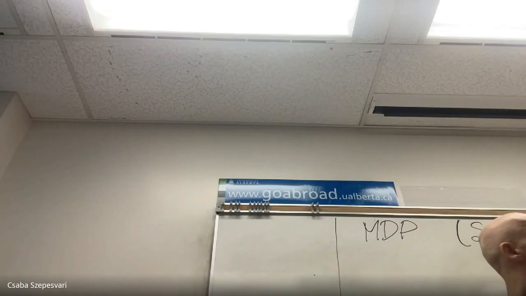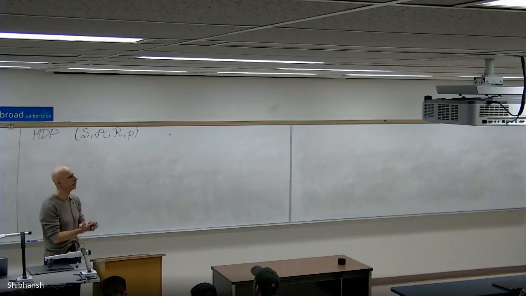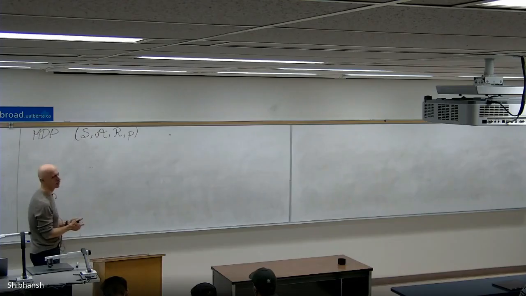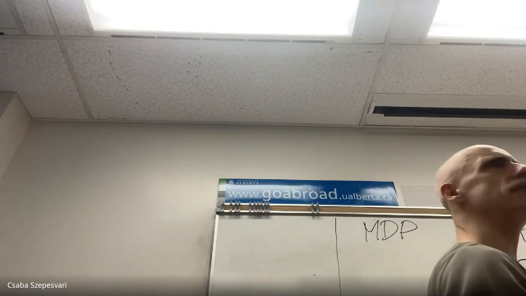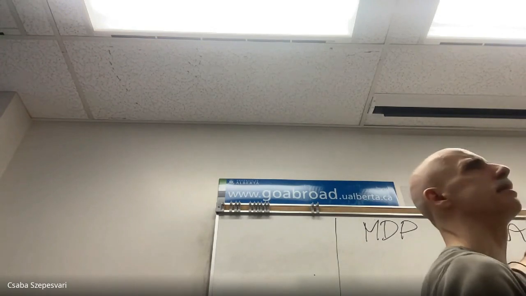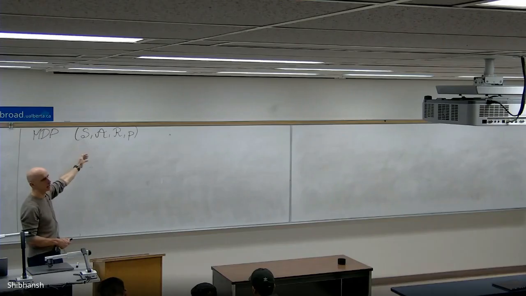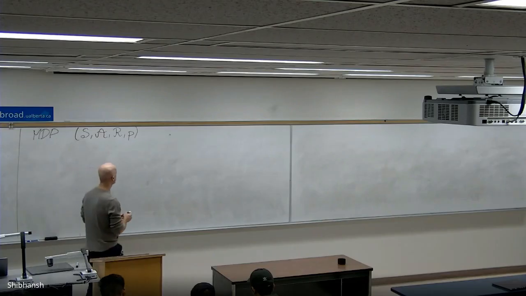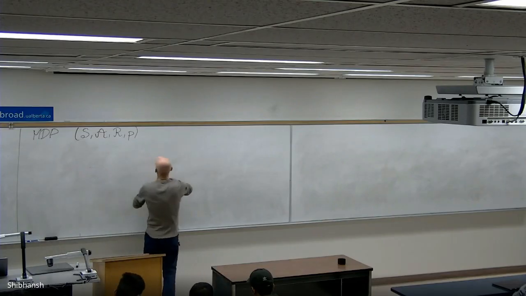Last week I was using uppercase P, and now I'm noticing that in the book it's lowercase. That's fine. This is a probability mass function, or conditional probability mass function, so lowercase is totally justified according to the standards of probability theory.